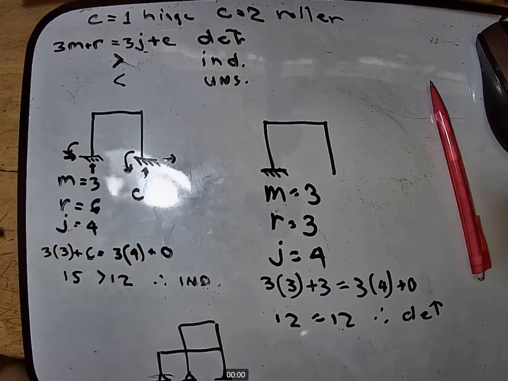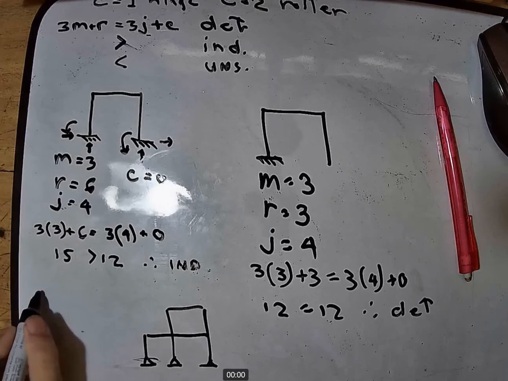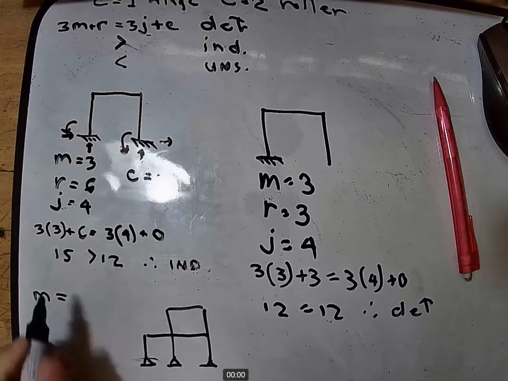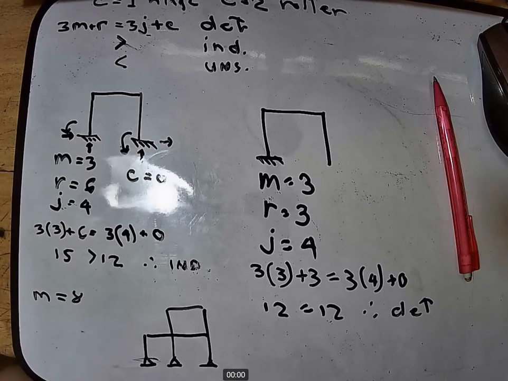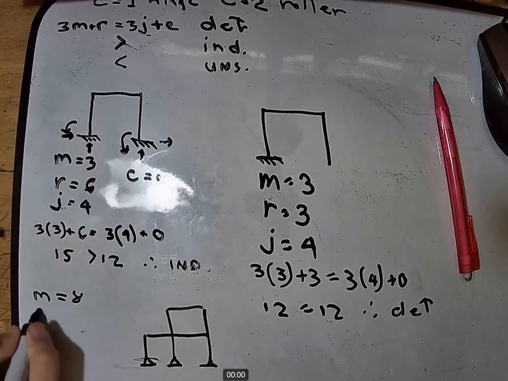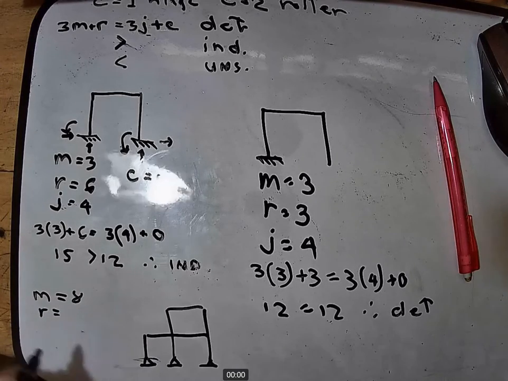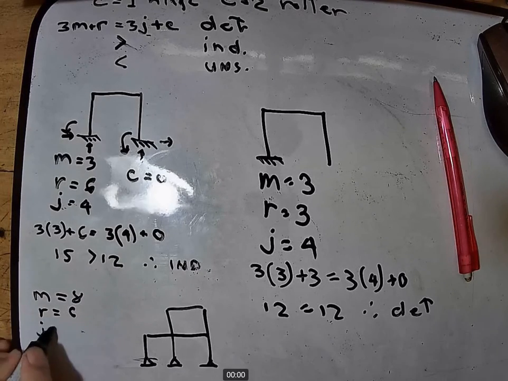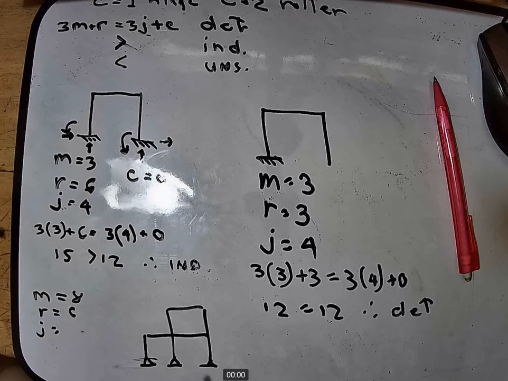So let's take this example. So how many members? 1, 2, 3, 4, 5, 6, 7, 8. How many reactions? You have 2, 4, 6. Three vertical, three horizontal. And then how many joints? You have 8 joints.